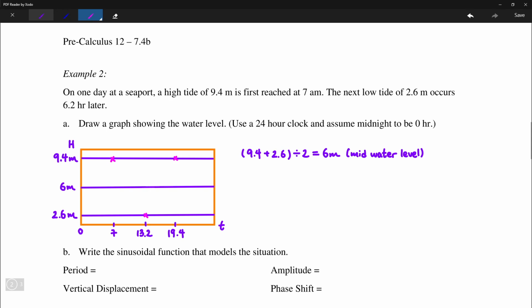Right, so again, how that worked out was 7 plus 6.2 gives 13.2 hours, which is the low tide of the day. And then if we take 13.2 and add another 6.2, that will be the next high tide, 19.4. So that's just the second high tide.